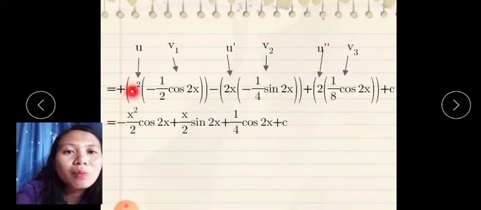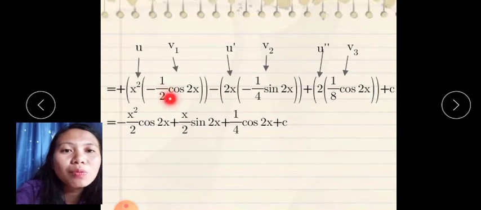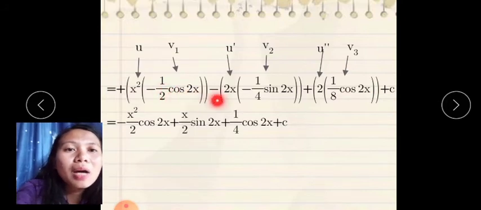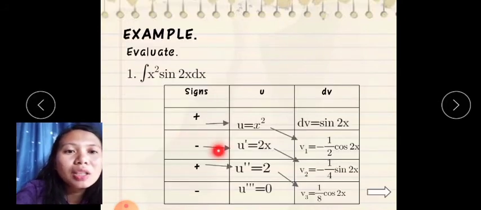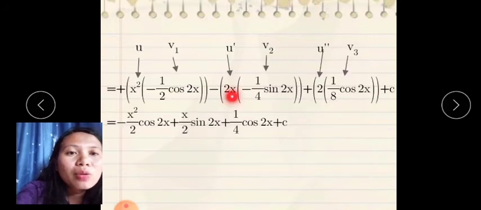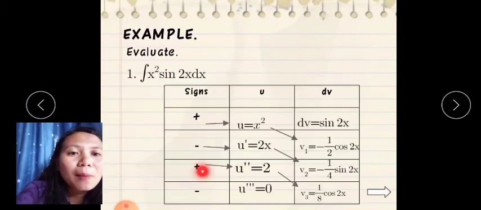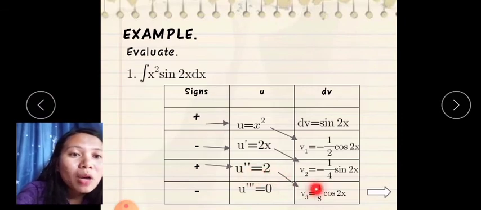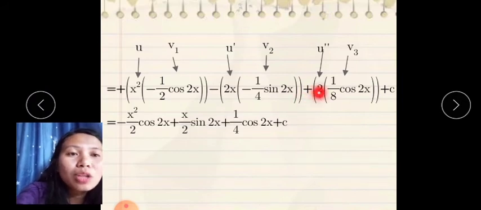That is equal to positive x squared times negative 1 half cosine 2x, minus, kay negative man diri, 2x times negative 1/4 sine 2x, plus, kay positive man diri, 2 times 1/8 cosine 2x plus c.